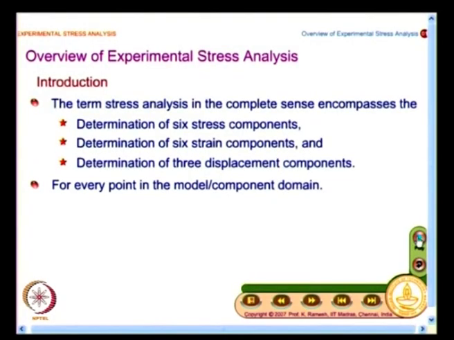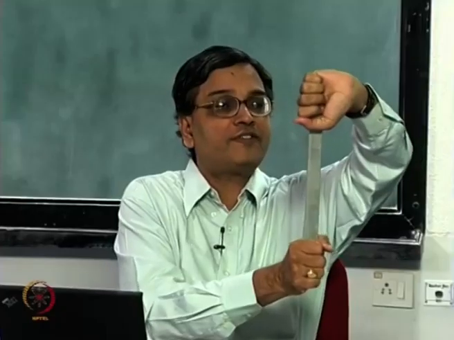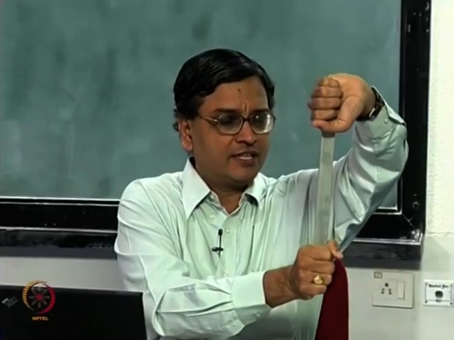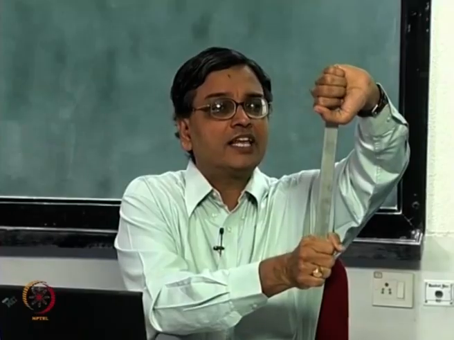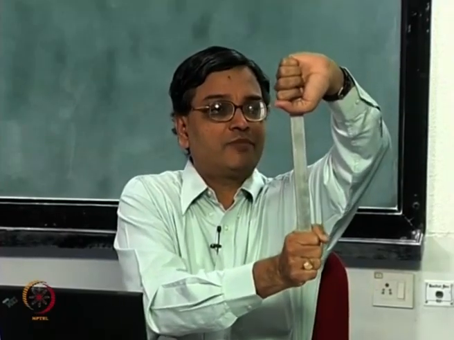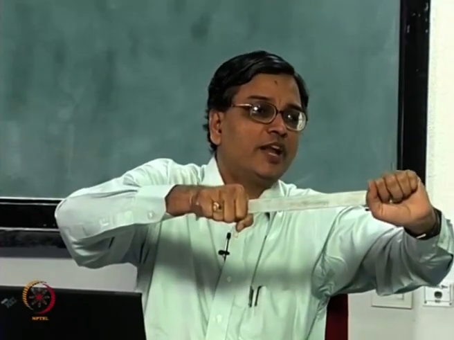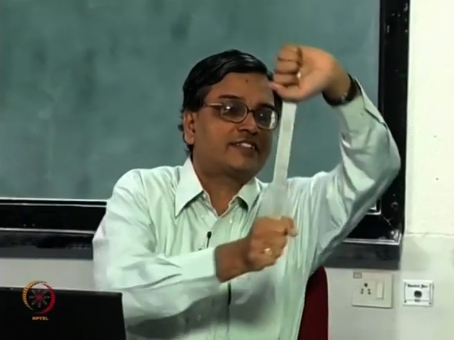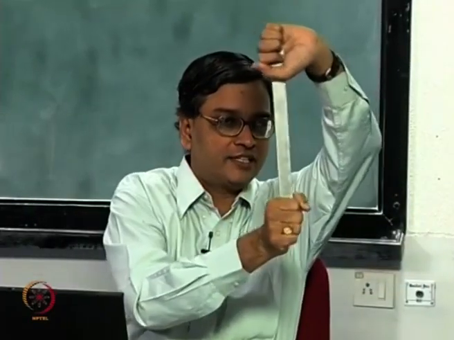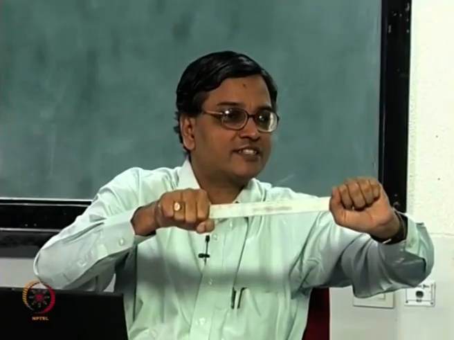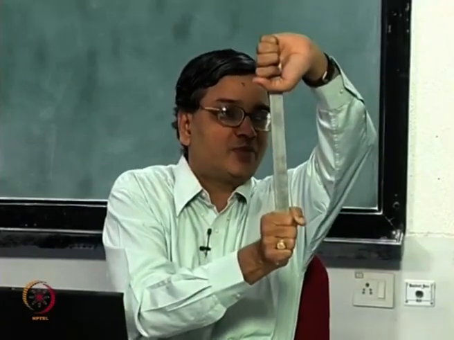So, for every point in the model or component, I want all of this information, and in this simple case the stress component is only one. If I keep it vertical, it is sigma y, if I keep it horizontal, you will label it as sigma x. If you have x and y as horizontal and vertical, you will have this as sigma x stress component, or you will put it as sigma y stress component. So, what you need to understand is, stress is a tensor of rank 2.